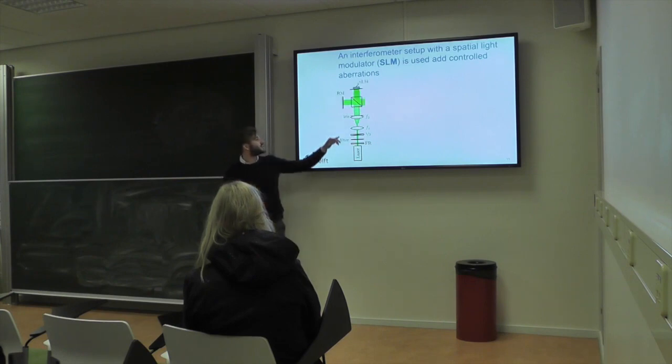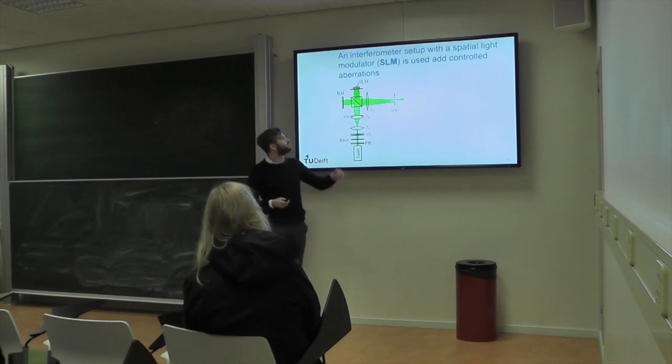This is then propagated to a beam splitter, where one arm shows the reference mirror, which is a very flat mirror, and the other arm shows a spatial light modulator. Now, due to time reasons, I cannot exactly tell you why, but the spatial light modulator will be under an angle, and I encourage you to ask me why at the end of the presentation. But it's under an angle because aberrated light and unaberrated light need to be separated.